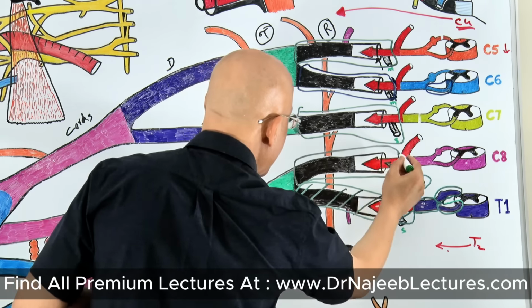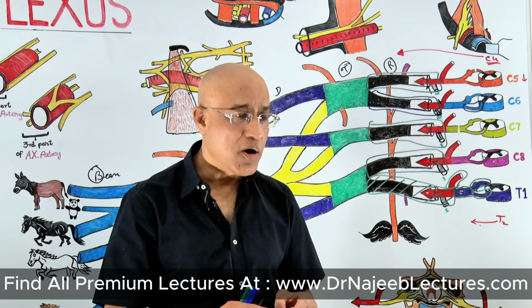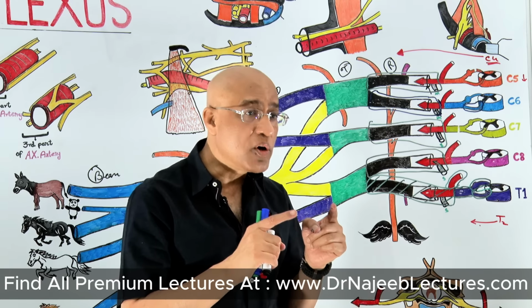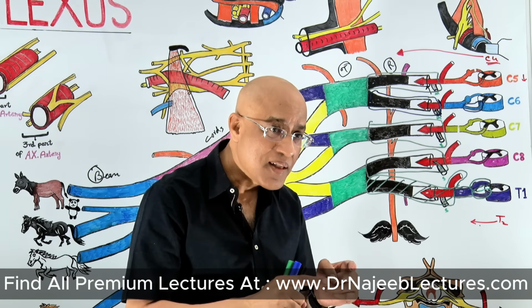So when someone mentions that he is talking about brachial plexus roots, actually that person is talking about ventral rami of those spinal nerves which are taking fibers from C5, C6, C7, C8 and T1 spinal segments, right?